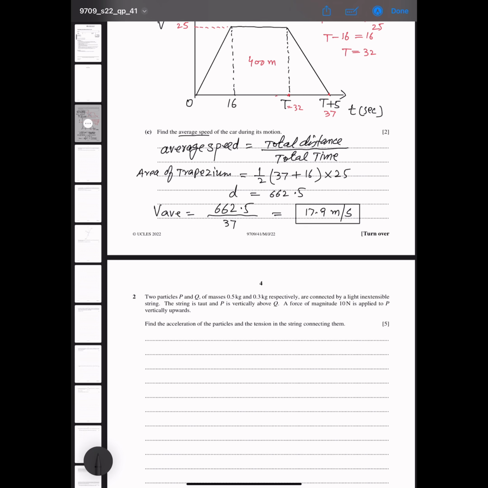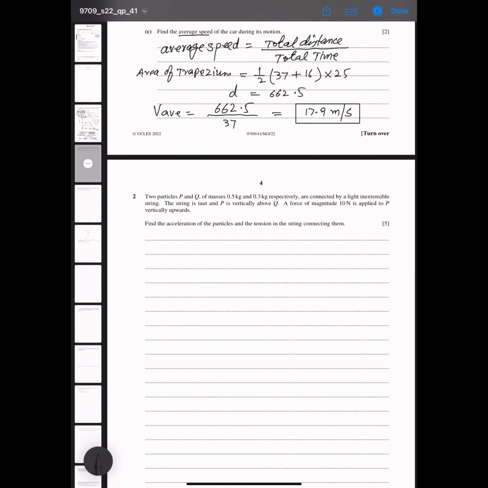The string is taut and P is vertically above Q. A force of magnitude 10 Newton is applied to P vertically upward. The diagram of this question is this particle is P.